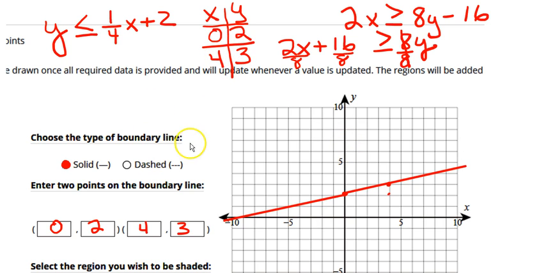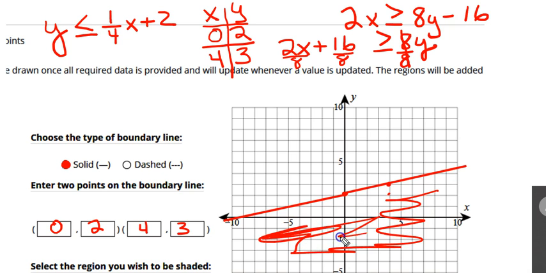Now you could do a trial point, which is what we often suggest, but if you follow that recipe I've said, if you have a positive y, and the inequality sign is less, y is less, then you shade underneath. And that's it.